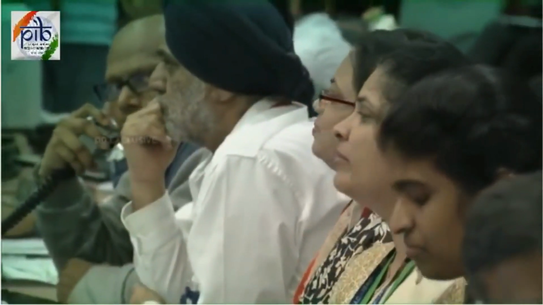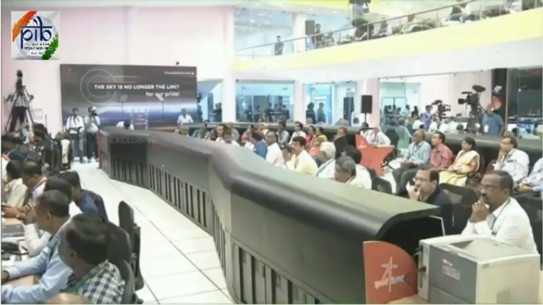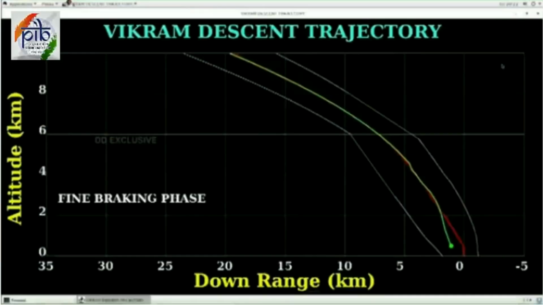We're just waiting for the confirmation. The spacecraft, as we see on the screen, is showing the horizontal and vertical velocity of nearly 48 and 59 meter per second.